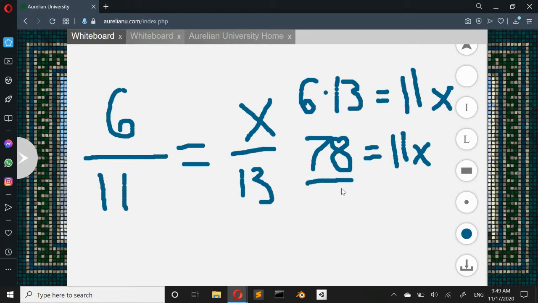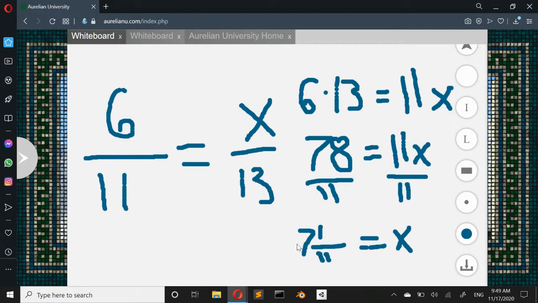So if we divide both sides by 11, you've got 7 and 1/11 is equal to x. And so it's going to be just under 7.1, or something like that. But you can work that out on a calculator.